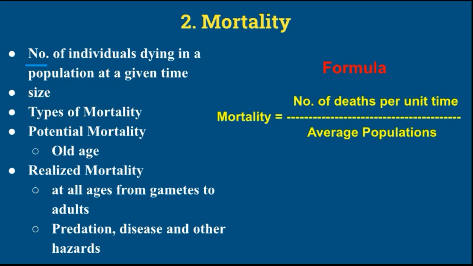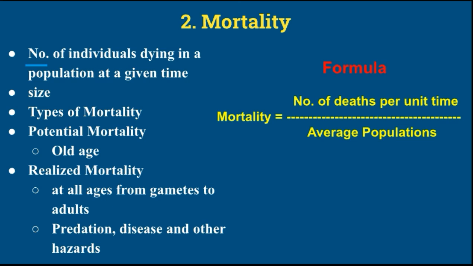Next is realized mortality: the number of deaths that occur at all ages, from gametes to adults, due to environmental factors like predation, diseases, and other hazards. That is called realized mortality.